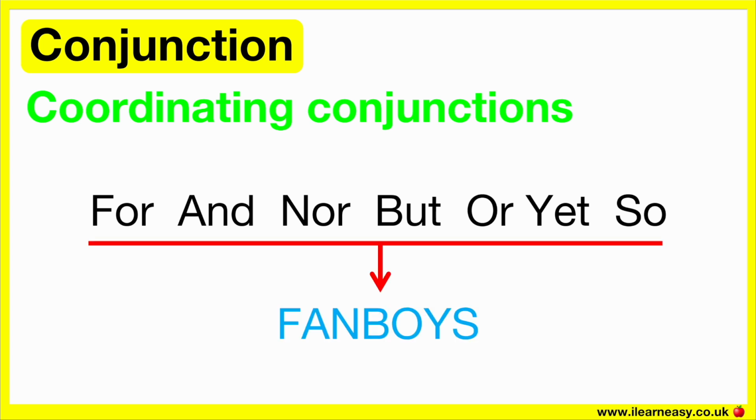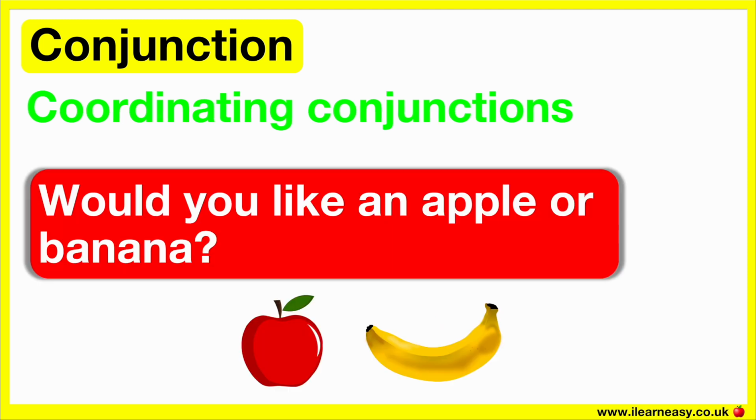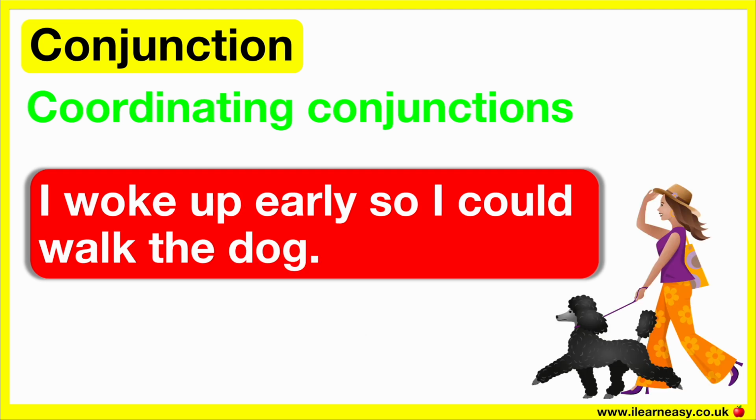An easy way to remember these is to use the word fanboys. For example, would you like an apple or banana? The conjunction in this sentence is or. I woke up early so I could walk the dog. The conjunction in this sentence is so.